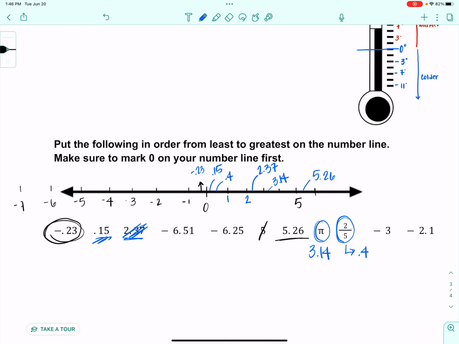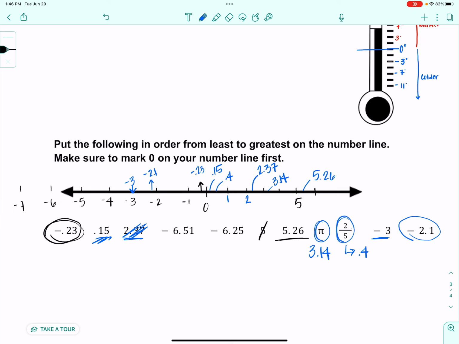If I want it to get colder, but just by a little bit, I'd go to -2.1. That's going to be super close to -2. Then if it gets even colder, the next one on my number line would be -3. We've got that one already there.